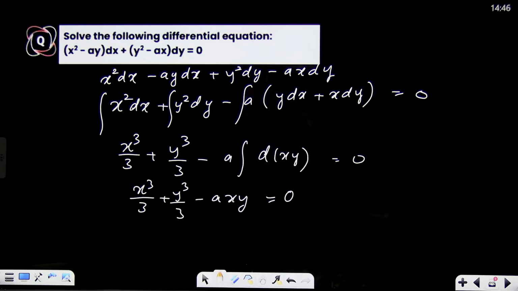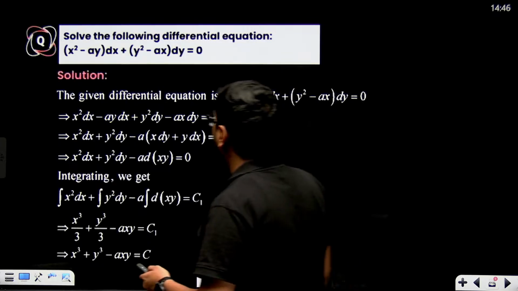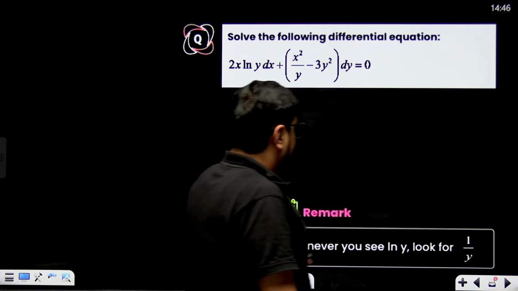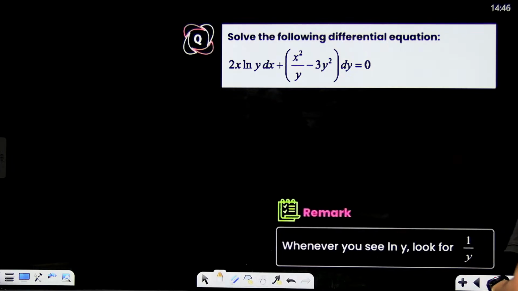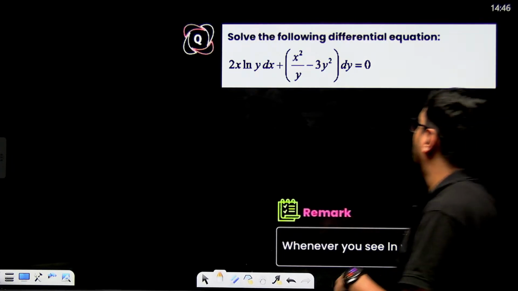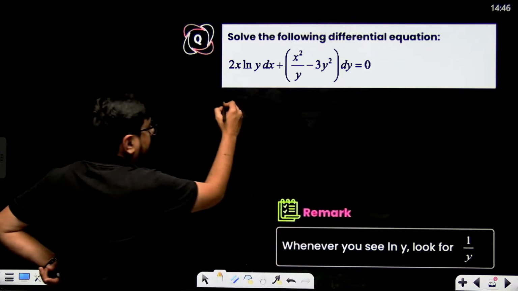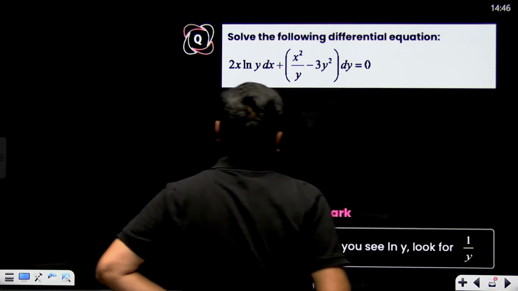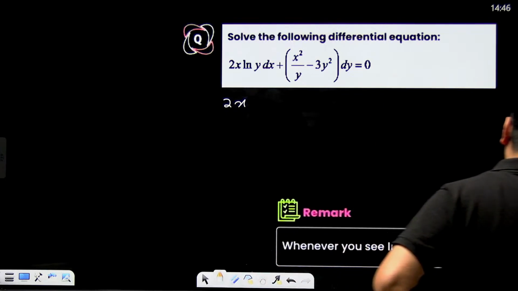This is how exact forms will help you. In many questions you'll be able to see exact forms. Here also you can see, this will become ln of y, so let's say 2x ln y. How can we convert it into exact form?